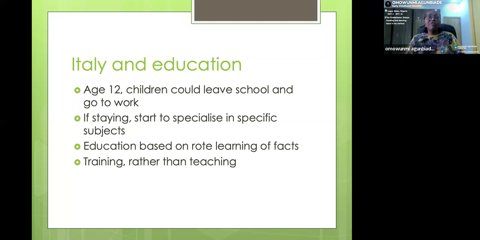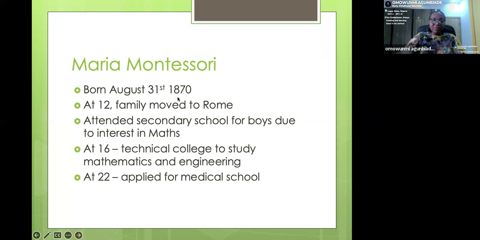Of course, if we go to some villages, we still find those kinds of things, where we still have people who study under trees. Yes, in Nigeria, we still have such situations. But education was more of training rather than teaching in those days.